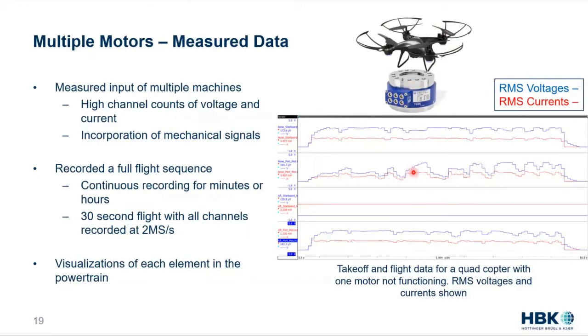This was a 30-second test looking at the lift created by the 3 motors. Each measurement was recorded at 2 megasamples per second. And we were looking at the load, or the up force of the entire vehicle, and visualizing all of those in real time. So it was a really cool test because we were looking at the total system control.